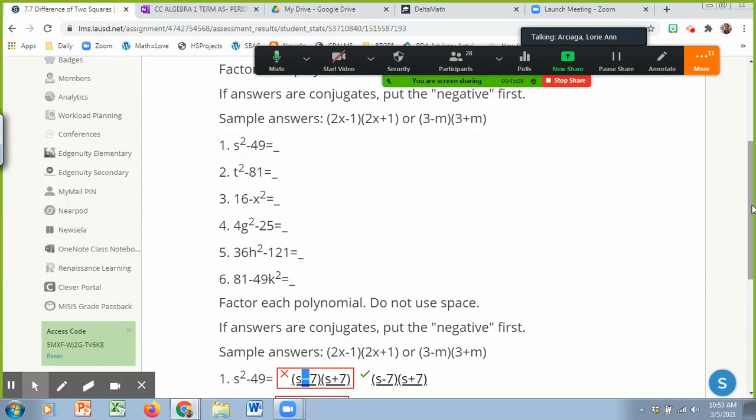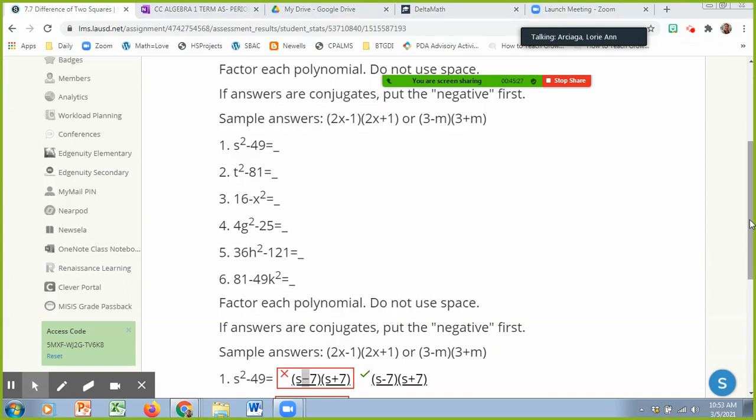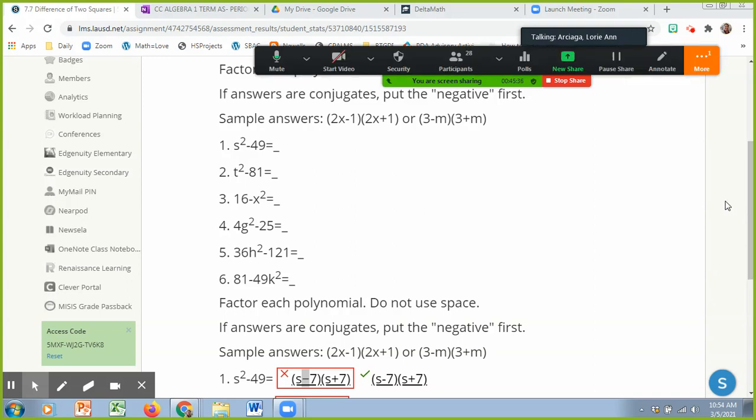Otherwise, I will grade it myself. So use your second attempt. That's why I like Delta Math more, because it doesn't penalize the students for that. But for Schoology, we have to find workarounds for its limitations. So sometimes I grade them myself.